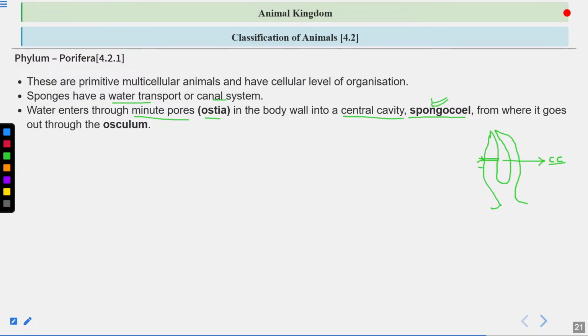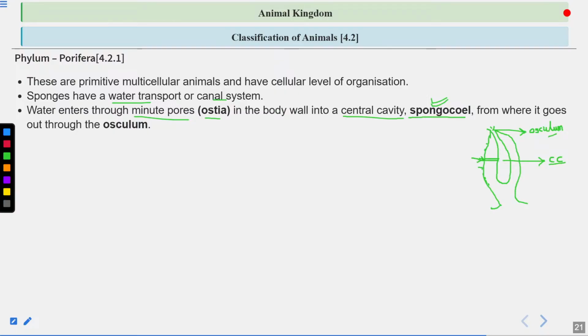So water enters from this ostia, and this ostia is present all over its surface. Water enters from the ostia, makes its way inside to this spongocoel, right? And here at the mouth, this is the opening that is called osculum.